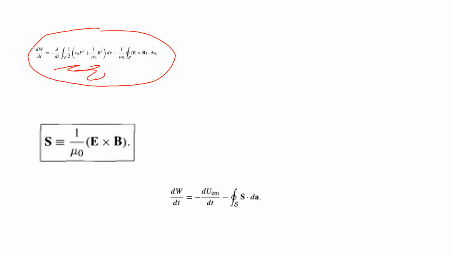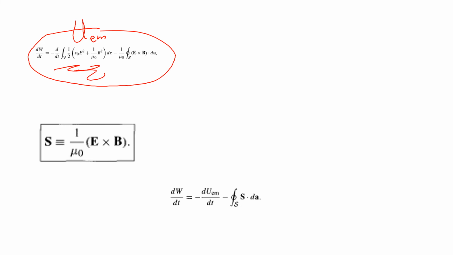We can represent that by UEM, already represented. The second term represents the rate at which energy is carried out of the volume across its boundary surface by the electromagnetic field.